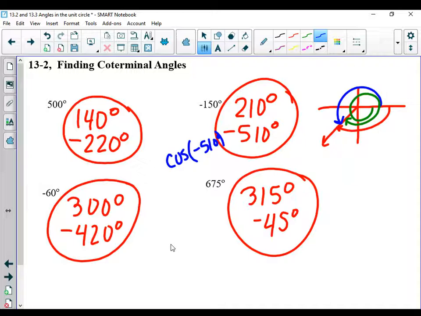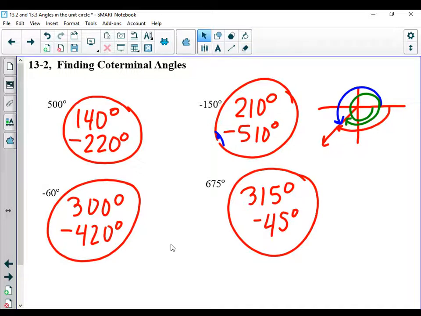Like I said, you have to get creative there. But that's how you would find it. So that's what it's basically doing. It's setting us up to help us solve more things. Any other questions on coterminal? Okay. Let's take a quick break and then we'll continue on.